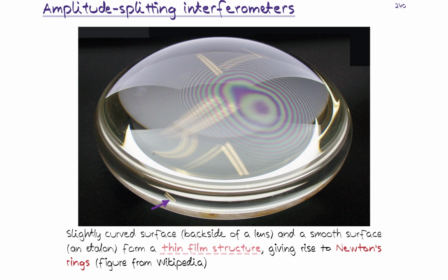It has been matched with an etalon put on top of a flat piece of glass. Then we again see a thin film structure in place, giving rise to these Newton's rings. In fact, these rings tell us quite a bit about the surface flatness of my component.